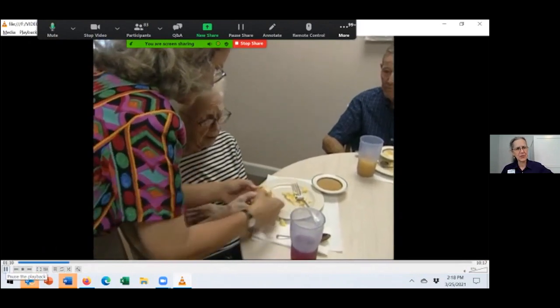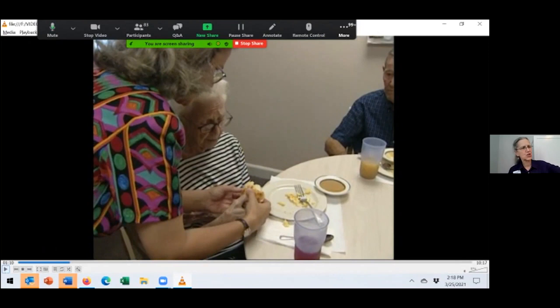Okay, so what happened with her fingers? Let's look at the chart and go back to hand dexterity. Page 11. Look at hand dexterity on page 11. What do you notice about her difficulty?